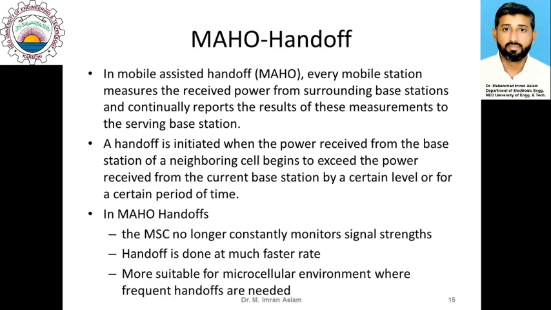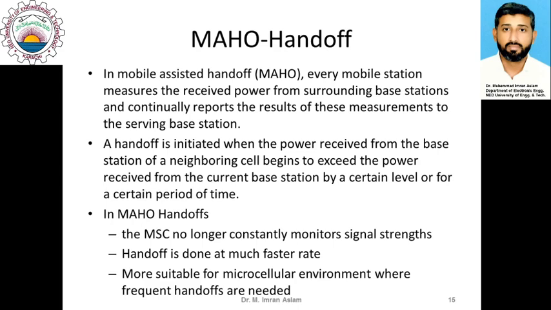This mobile assisted handoff is very helpful in many circumstances, because it removes burden from the system: the data is basically gathered by the mobile station, and the mobile switching center, MSC, does not have to constantly monitor all the signal strengths.